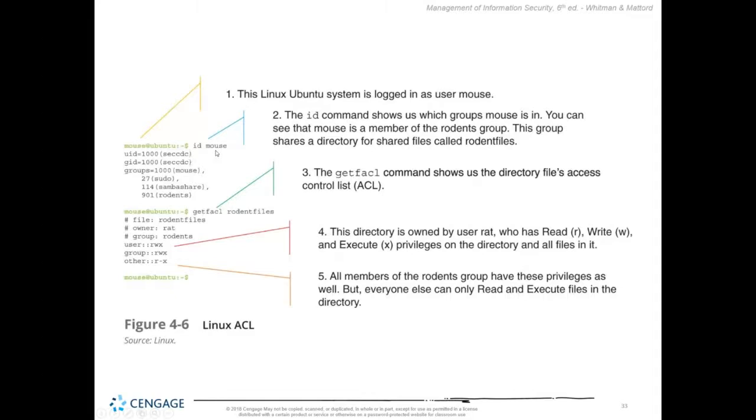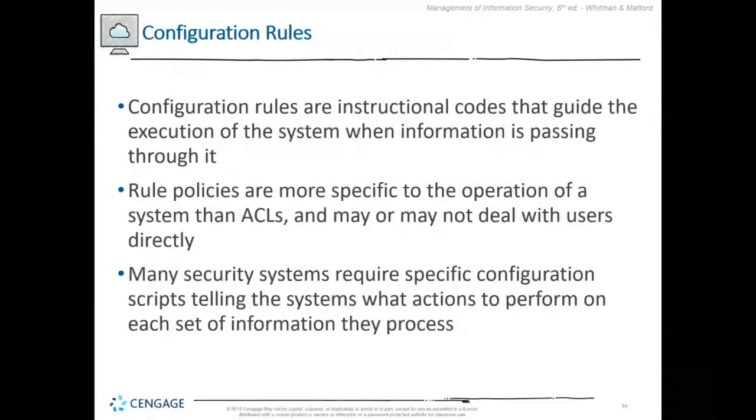So configuration rules are instructional codes that guide the execution of the system when information is passing through it. This is such as firewall rules you can set. You can set different rules for IP addresses. You can also set those rules for users and groups, giving them permission of what they can and can't do.